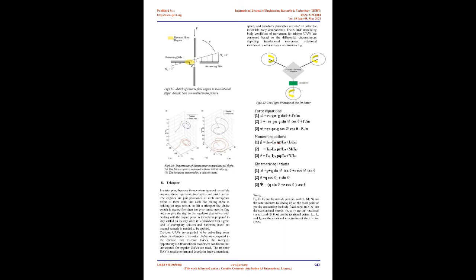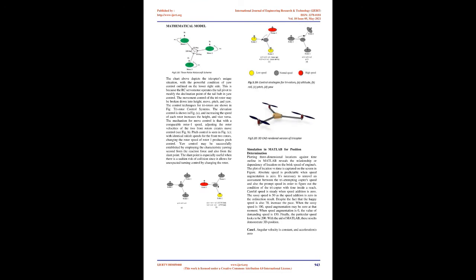Where Fx, Fy, Fz are the external forces, and L, M, N are the external moments acting on the center of gravity with respect to the body fixed frame. U, V, W are the translational speeds, P, Q, R are the rotational speeds, and phi, theta, psi are the rotational angles. Ix, Iy, and Iz are the rotational inertias of the tri-rotor UAV.